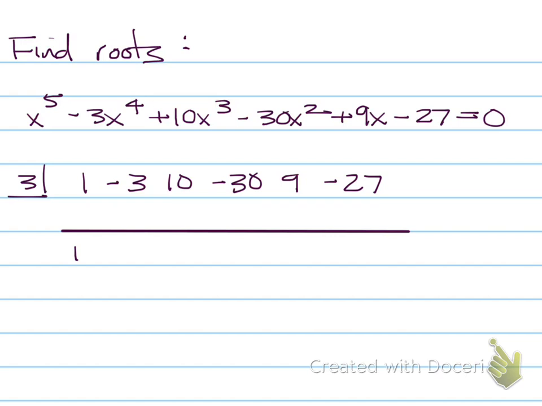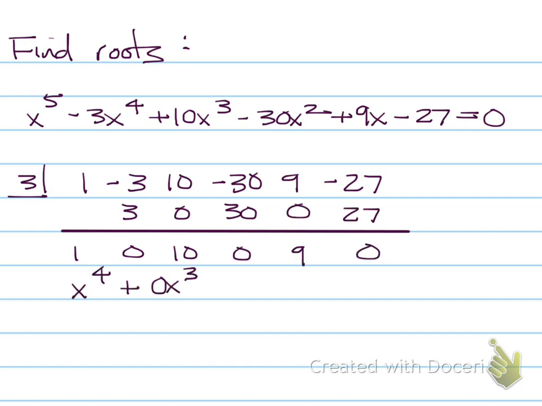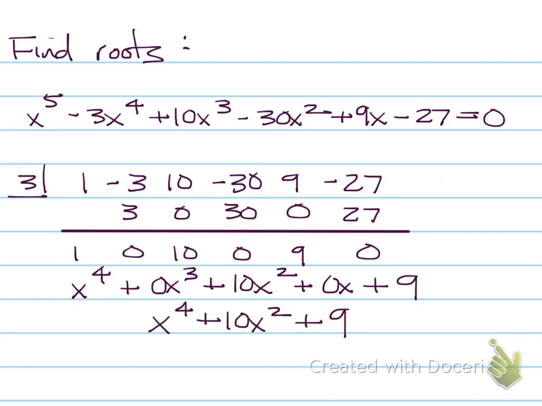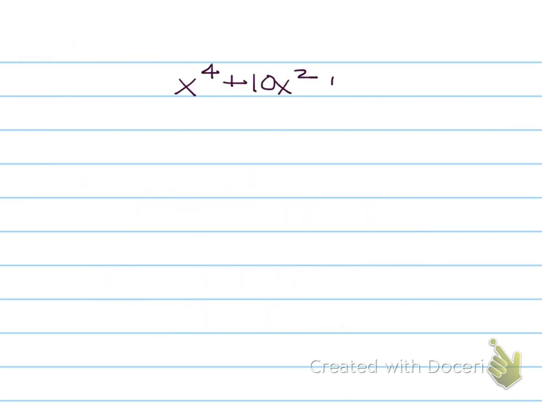Alright, so following all the steps that we went through in synthetic division, we get the following depressed equation: x to the 4th power plus 10x squared plus 9. So now we can take that depressed equation, it's a 3-term depressed equation, so now we can use substitution to find the factors.